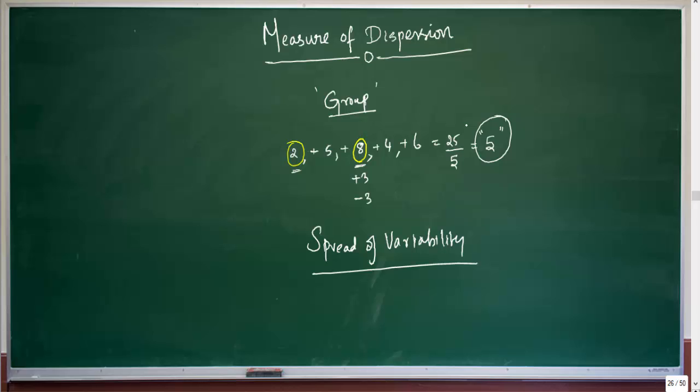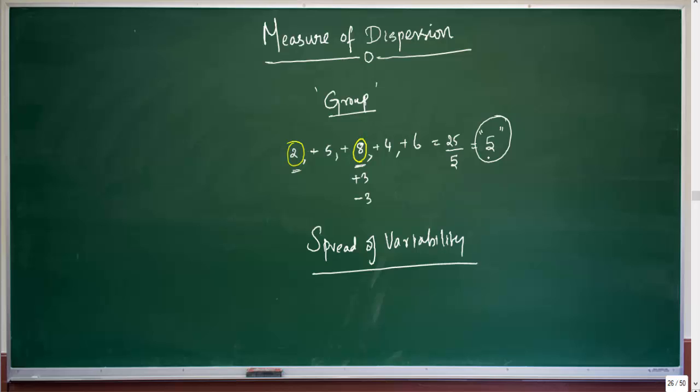So next question, why should we measure the dispersion? As I told you, average, though it is a representative of a group, will not reveal all the characteristics. So we should know how much variation can take place from the average, and for that, measure of dispersion is available.